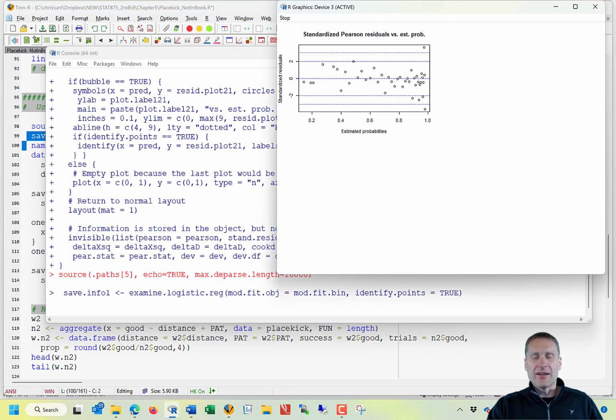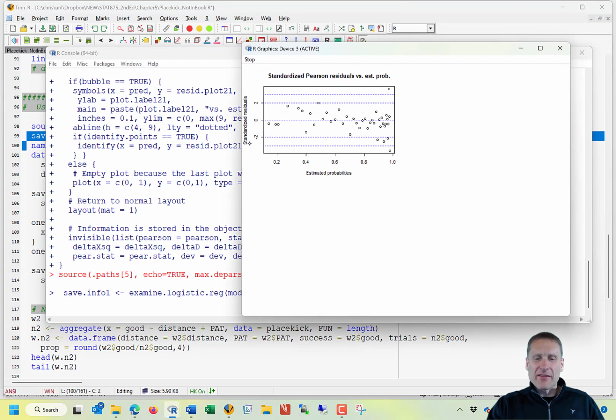A plot pops up. I have standardized residuals on the y-axis and the estimated probabilities on the x-axis. Notice my cursor here. It's a plus sign now, because R is expecting me to add something to the plot. If I click on one of these points, look what happens.